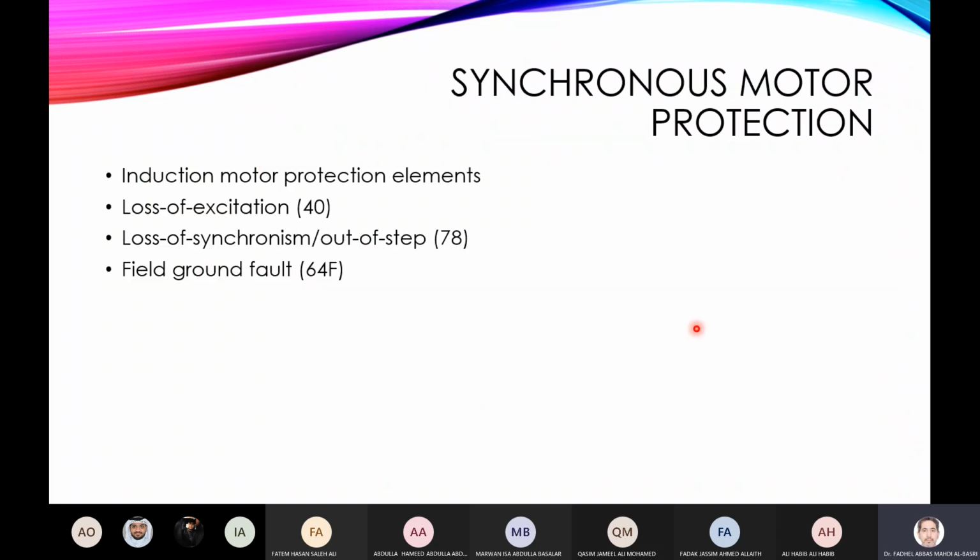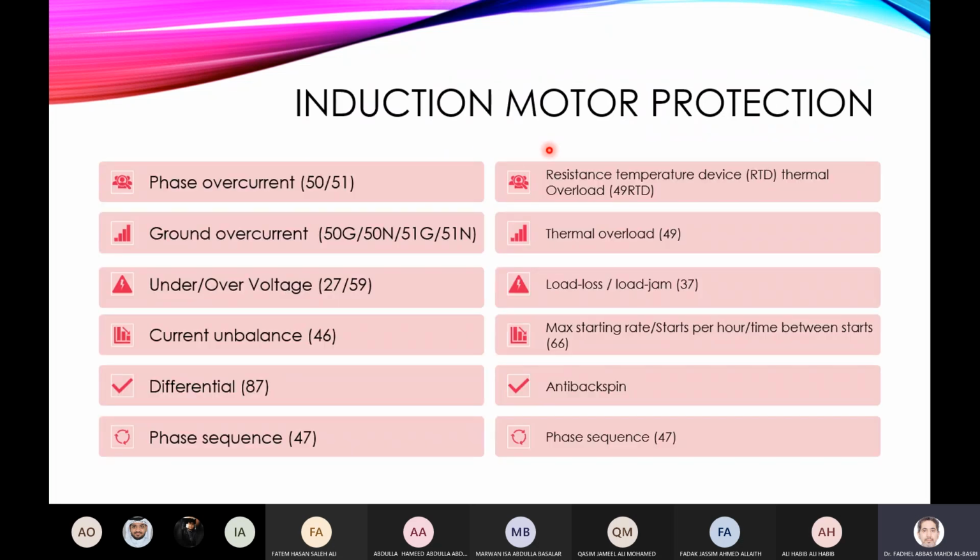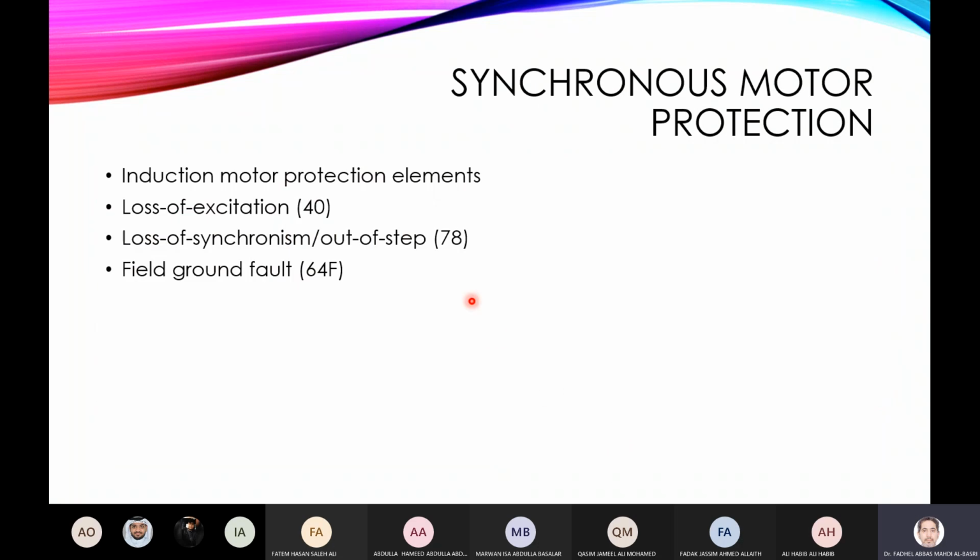But for synchronous motors, we have additional protections. In addition to all those I have mentioned, for a synchronous machine we would need loss of excitation protection, loss of synchronism or out-of-step protection, and field ground fault protection, because you have a field winding.